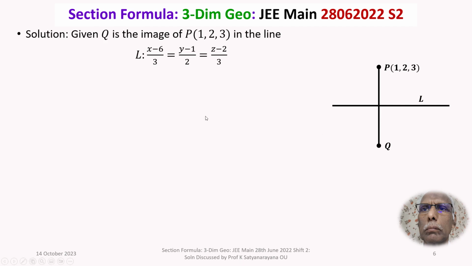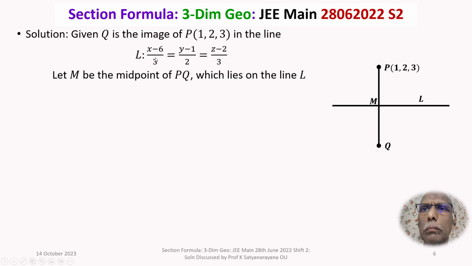So now let M be the midpoint of the line segment PQ. Naturally, M will lie on L. Since M lies on L and the equation of L is known, the coordinates of M can be obtained by equating these expressions to lambda.